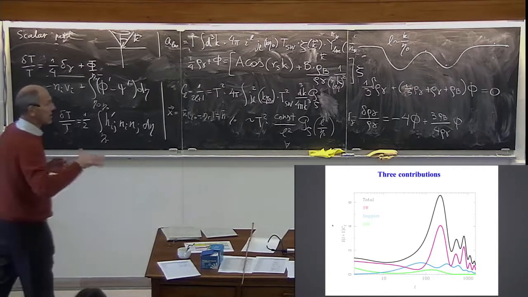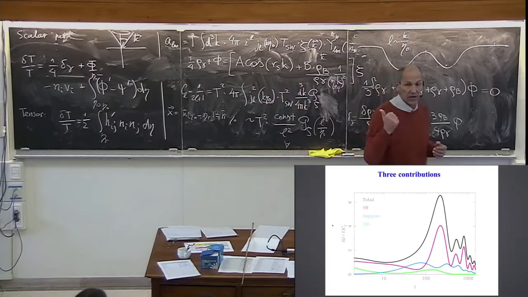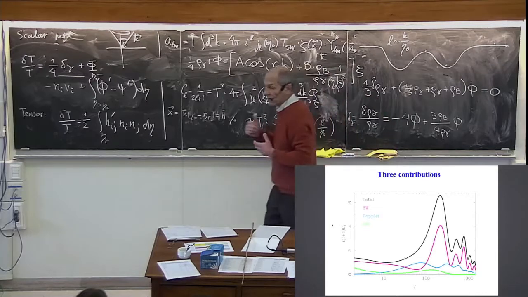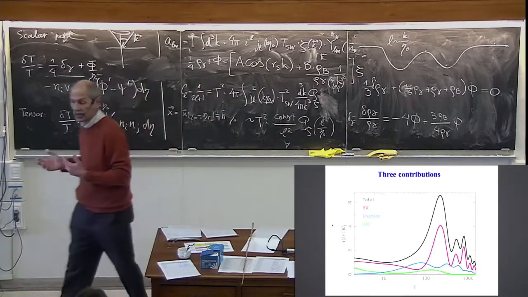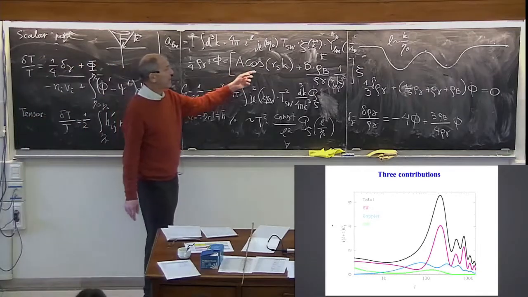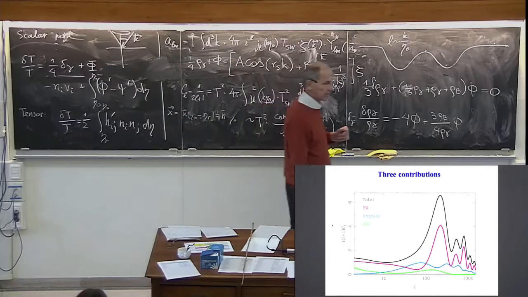We discarded the decaying mode. There was only the constant mode. Therefore, the phase of this cosine is fixed. It's not a combination of waves with different phases. It's one and the same phase for everybody. And this is due to the fact that I was assuming that my modes were superhorizon.